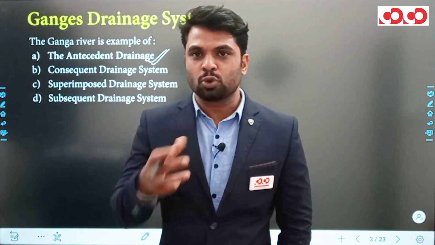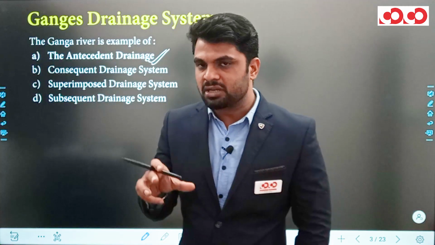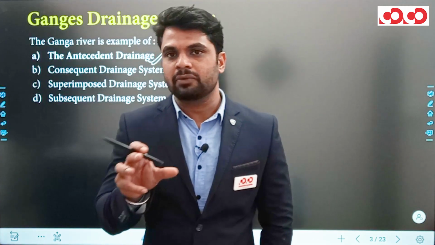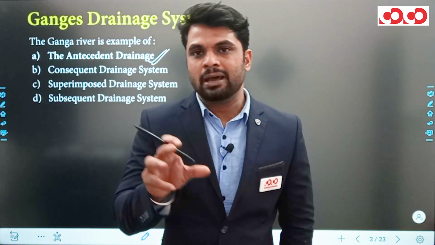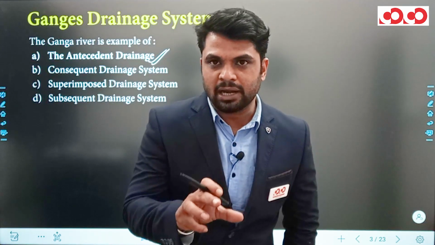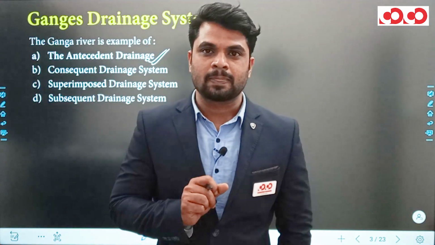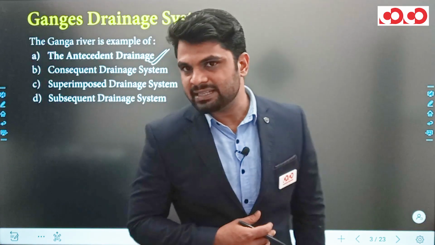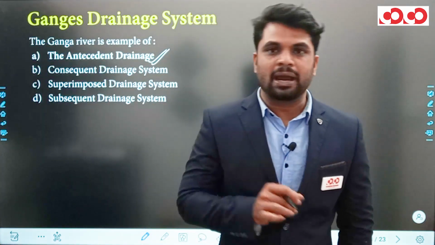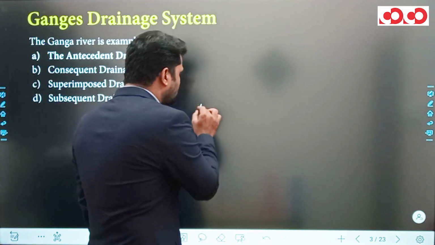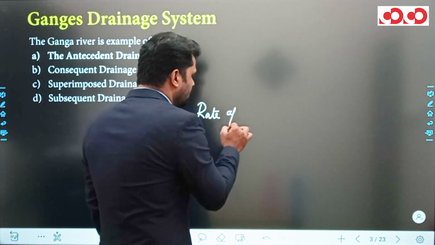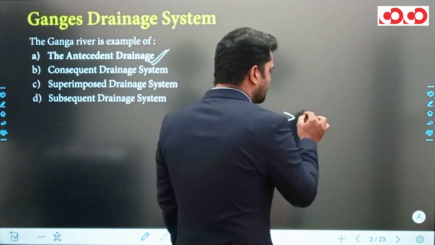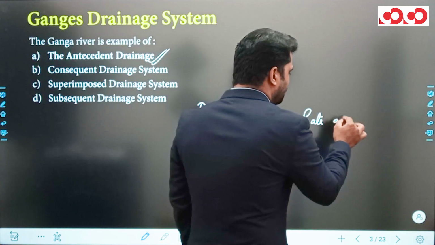Now the question arises, what do you mean by antecedent river system or antecedent drainage system? Antecedent rivers means those rivers which do not change their river courses due to landforms and different kinds of upliftment of mountains. For example, generally all rivers of Himalaya are antecedent in nature, and the reason behind this is that the rate of erosion of Himalayan rivers is greater than the rate of upliftment of Himalaya.